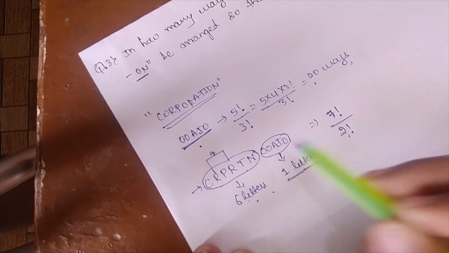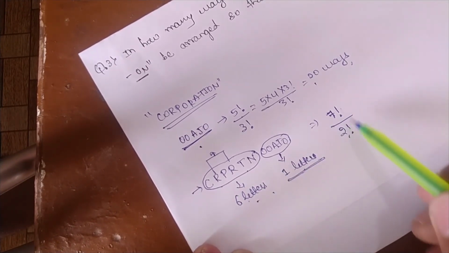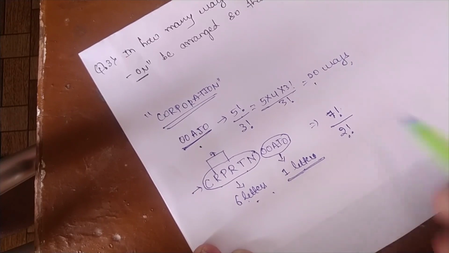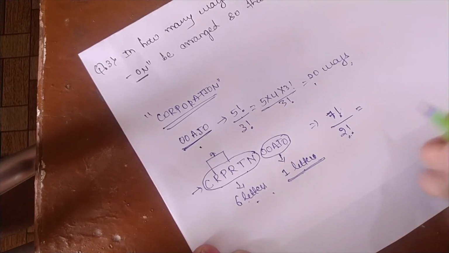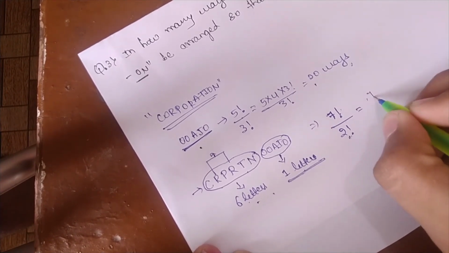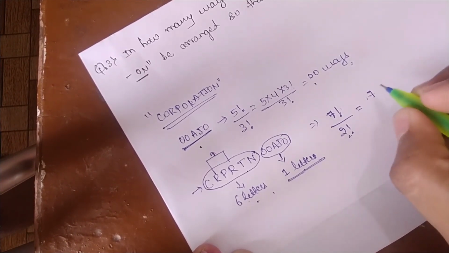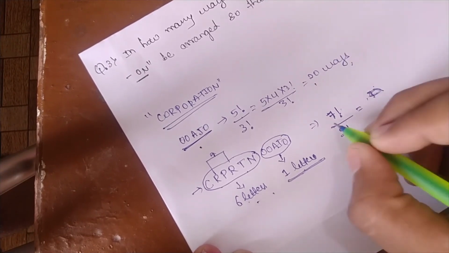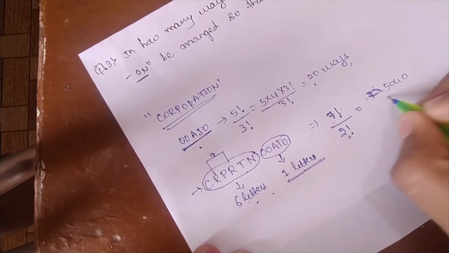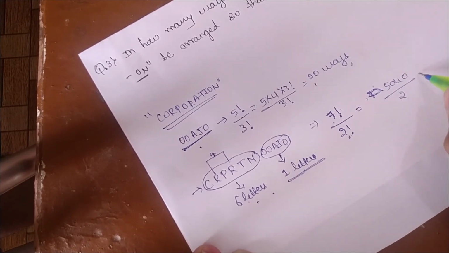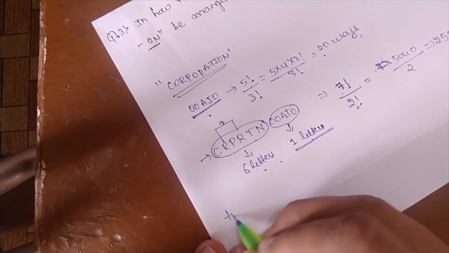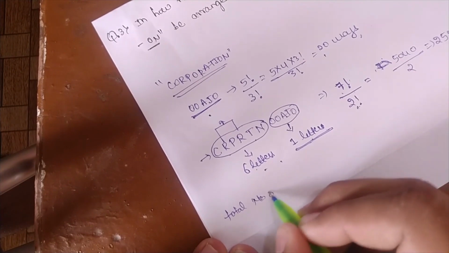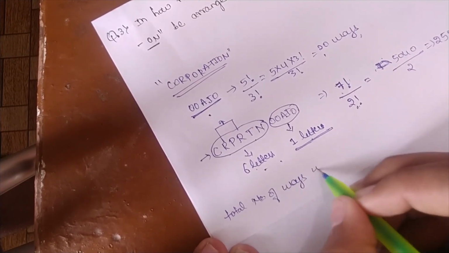So 7 letters can be arranged in 7 factorial divided by 2 factorial ways. 7 factorial is 5040 divided by 2, which is equal to 2520 ways.